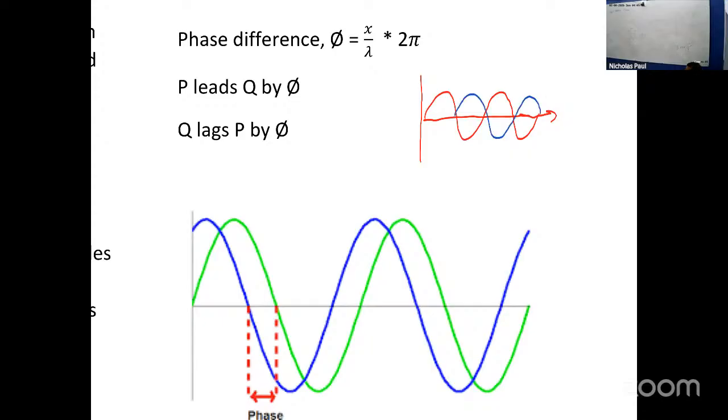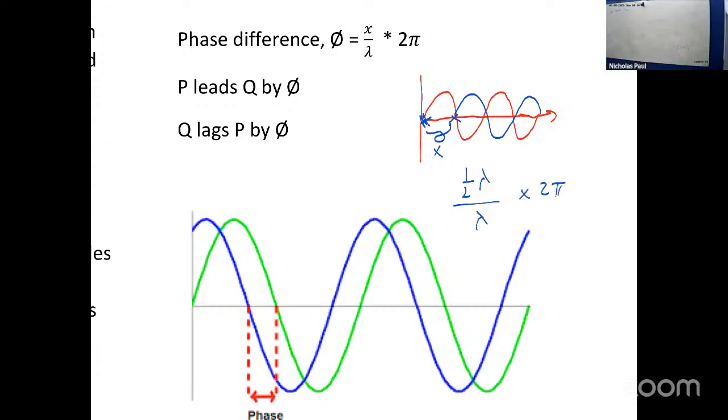Is that in phase or out of phase? Out of phase, right? So let us see if we can find the distance between here and here. That's x, right? How much of a wave is that? Half a wave. So x is half a wave, all over lambda, times 2 pi.